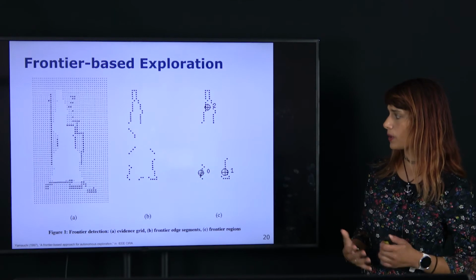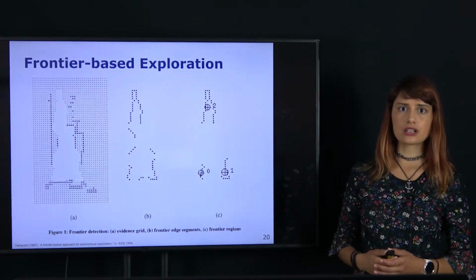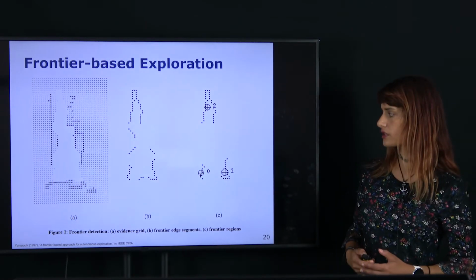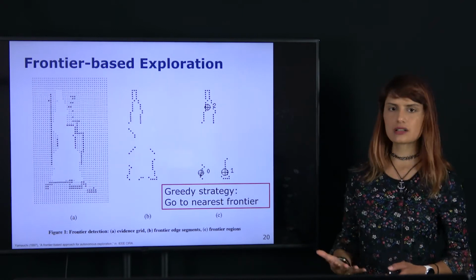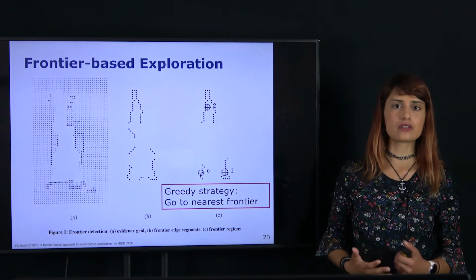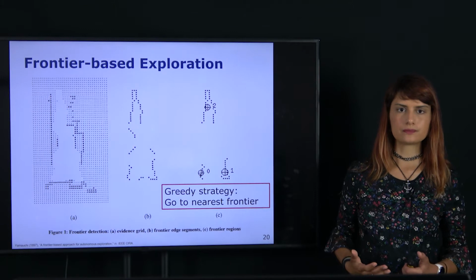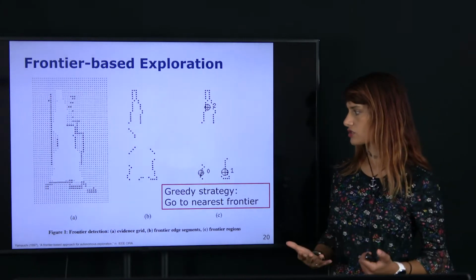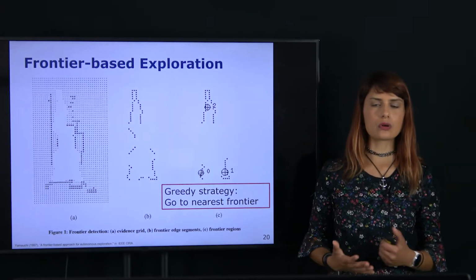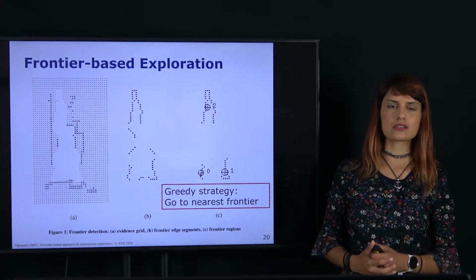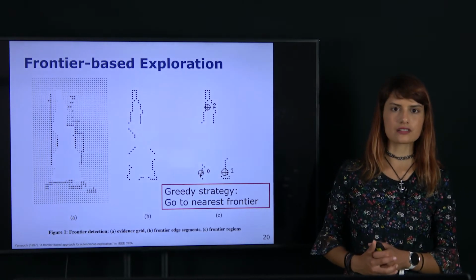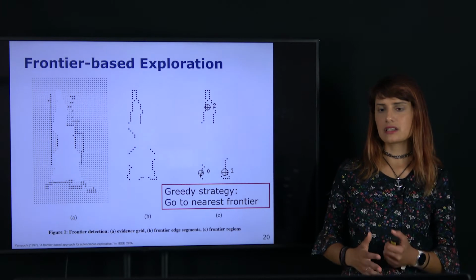A very simple way of doing exploration, if we know these frontier regions, is to simply greedily go to the nearest frontier given the current robot pose. This is a very traditional and easy way of doing robot exploration, simply based on the map state and frontier extraction. All we need is two components.